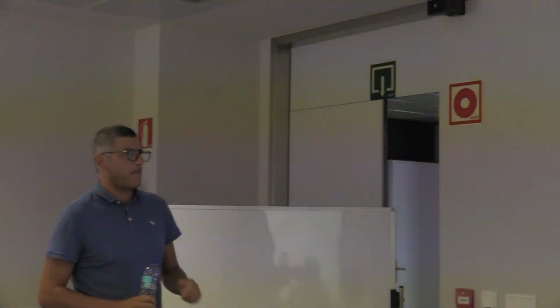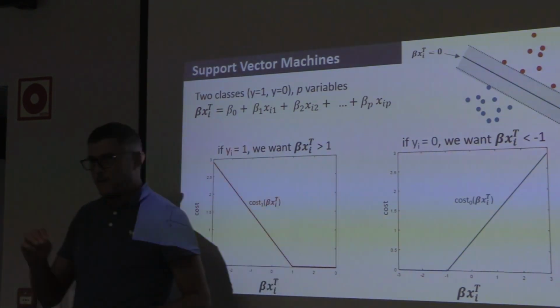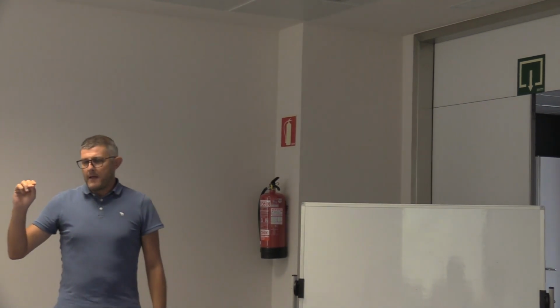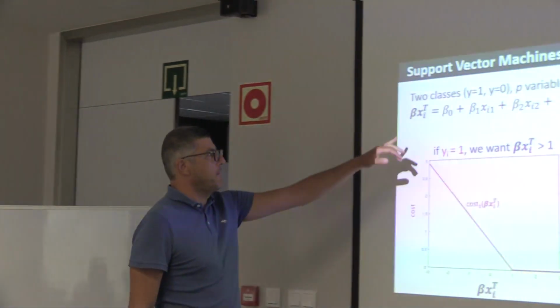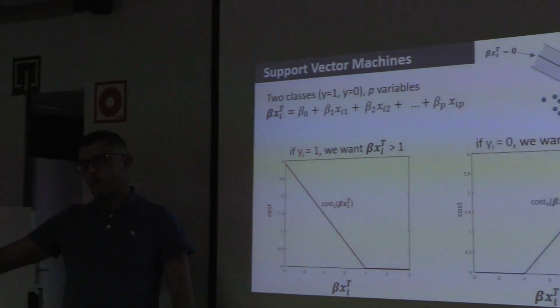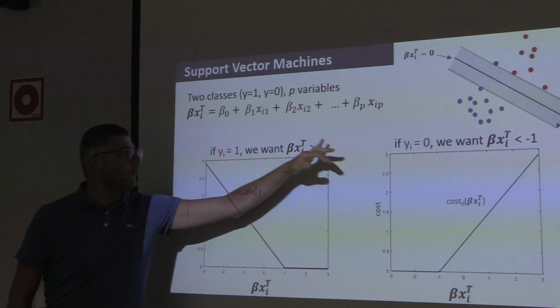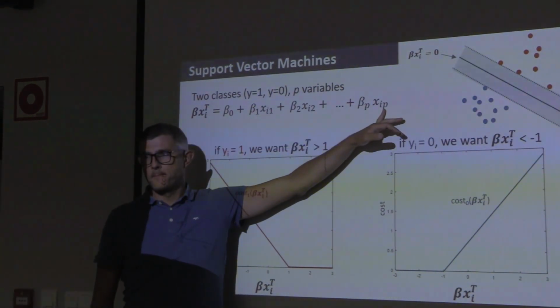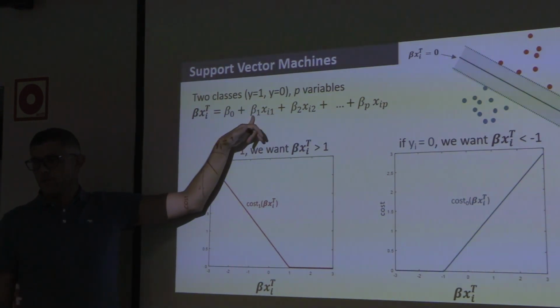And these are the cost functions that are used by support vector machines. What does a support vector machine do? It finds some coefficients. SPLSDA is very similar; the way the coefficients are found is different. But at the end, you have a linear combination of your variables, and this linear combination is found by estimating some coefficients.